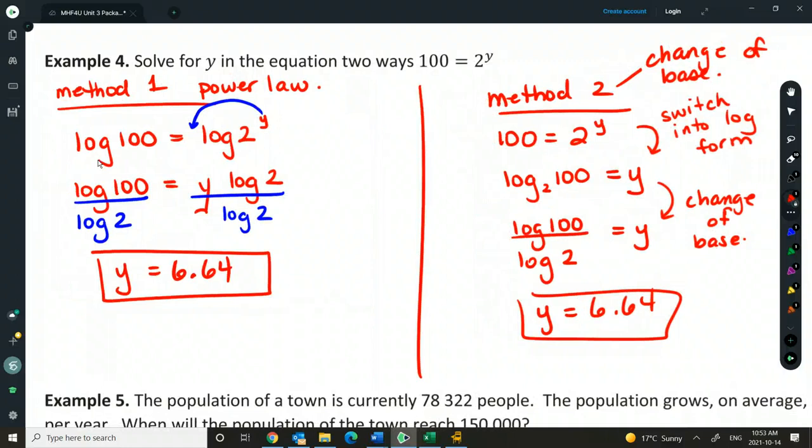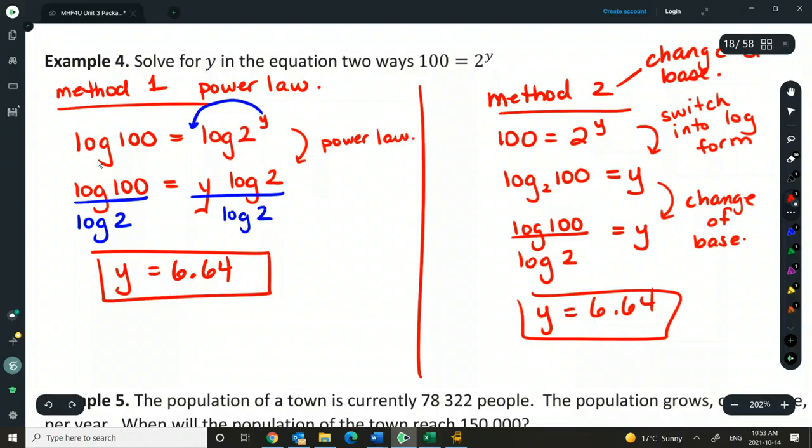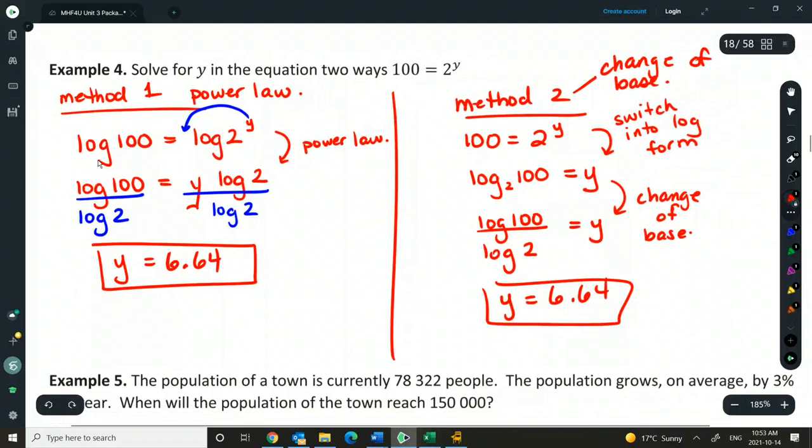This one is power law. It's basically the same number of steps, it's just whatever you feel more confident doing. Either way, you'll get to this point. Any questions on this?